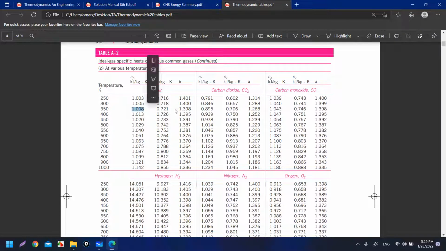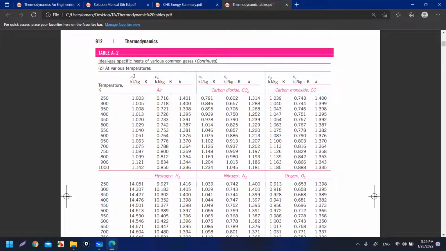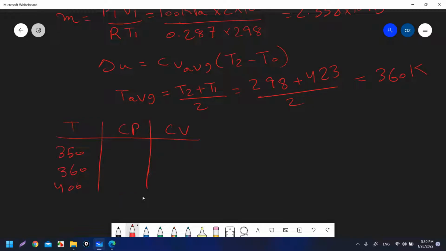I will take 1.008 and 0.721, and 1.013 and 0.726, and find the values for Cp and Cv corresponding to 360 Kelvin. So it will be 1.008, 0.721. It is Cp average that I want to find, and Cv average also, 1.013, 0.726. So I will write the equation for interpolation.